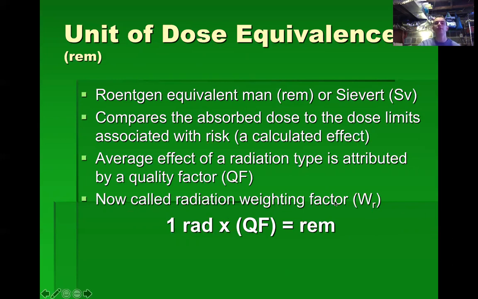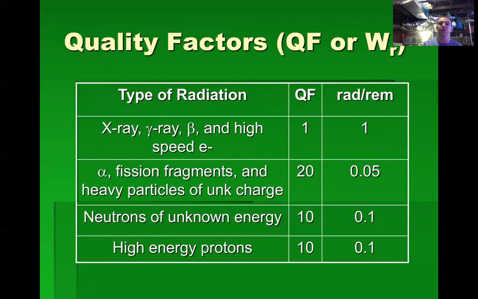What that does is it takes your absorbed dose, you multiply it by that radiation weighting factor, and that gives you the number of rem or millirem. That is the relevant radiation safety unit that we're looking at. That is what our dose limits are in. That is what our dosimeters are measuring. So that's the unit that we want to understand from a radiation safety standpoint.